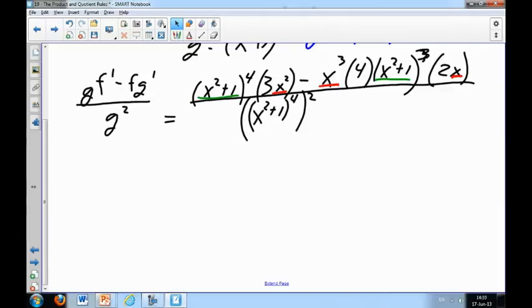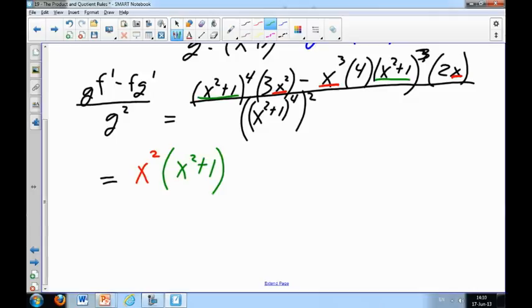So if we were going to work with this, we first realize that we can factor out our x's, and we can take out an x squared. There's 2 of them before the minus sign and 4 of them after. And we can also factor out our x squared plus 1. There are 4 of them before the minus sign, and there are 3 of them after, so we can only factor out the smaller number, the 3.